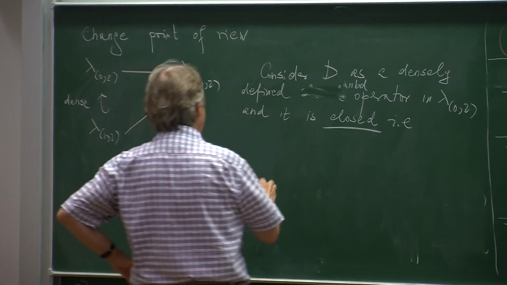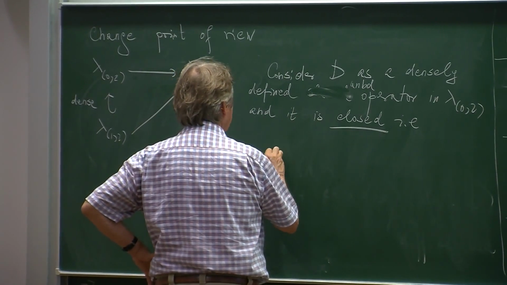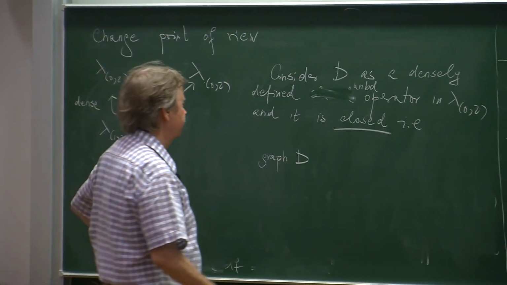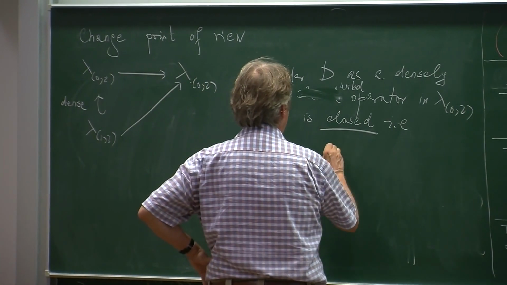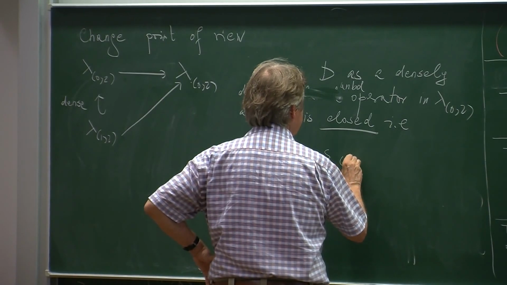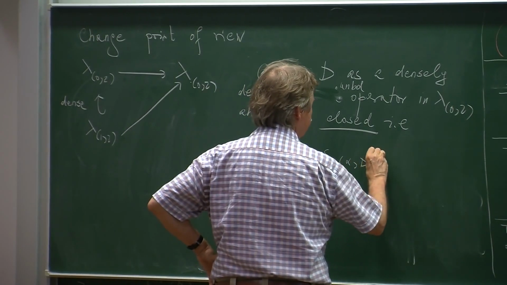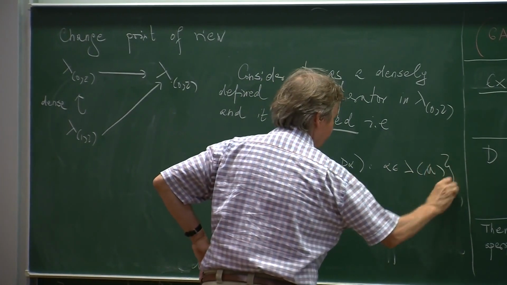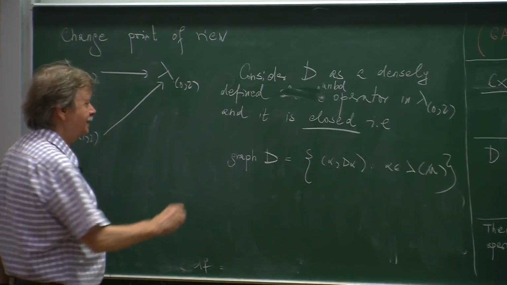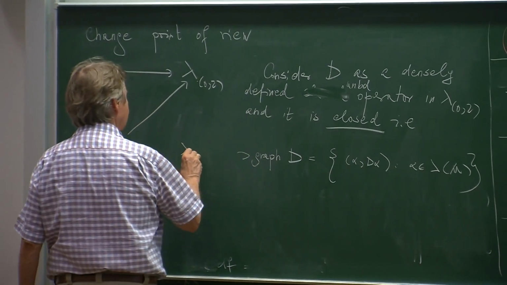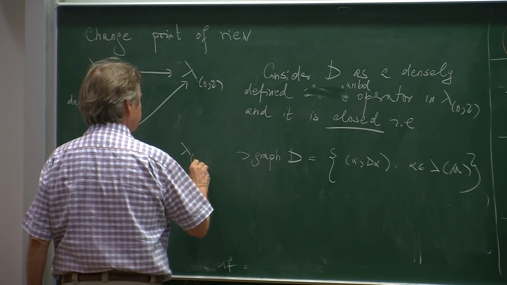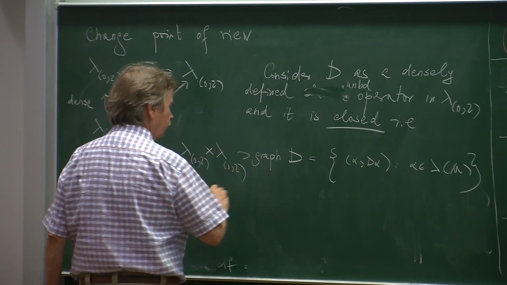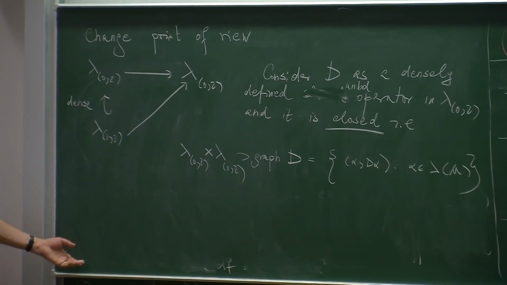This means that I look at the graph of the operator. What is the graph of D? Well, this is the pair alpha, D alpha, with alpha in lambda m. This is the graph, and this sits in lambda 0, 2 times lambda 0, 2. This is the normal definition of a graph.